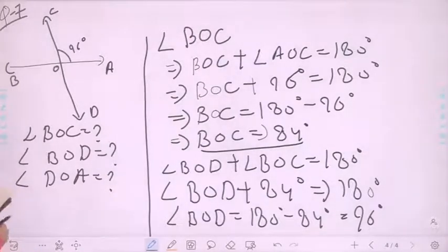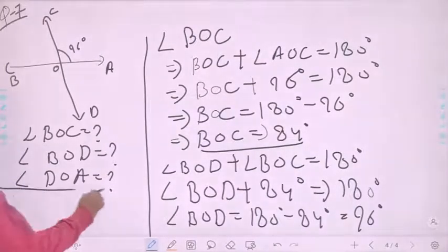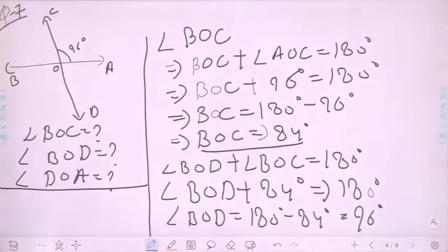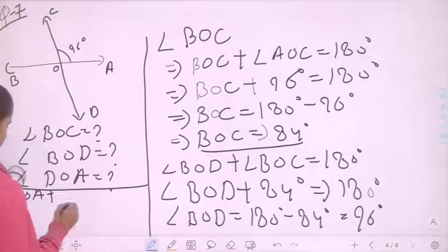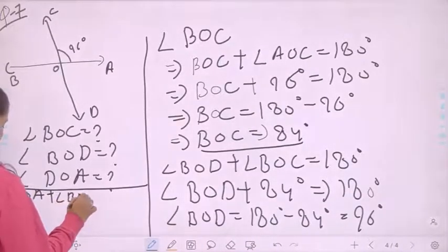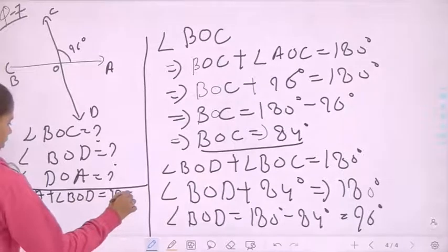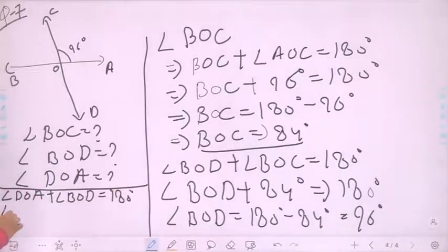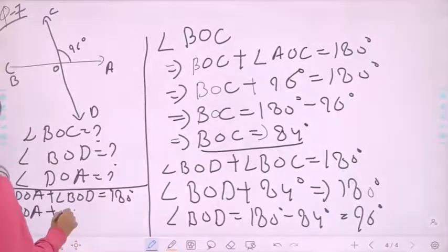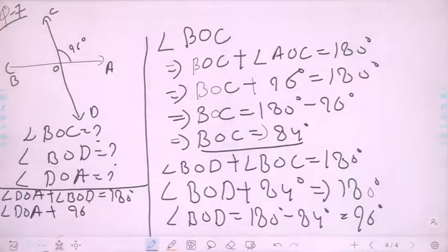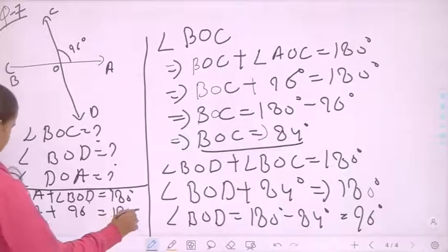Now we have to find the last angle, that is angle DOA. Angle DOA plus angle BOD is equal to 180 degree. Angle DOA we have to find, and angle BOD is 96, and the sum equals 180 degree.